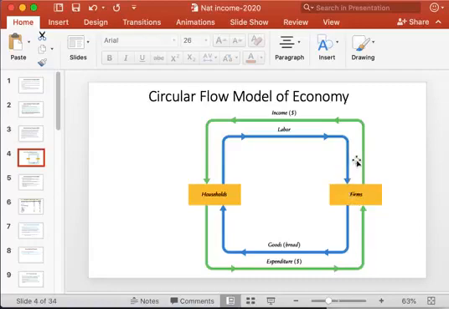It is not like there is an income here to the household and then the households are spending money from somewhere else.